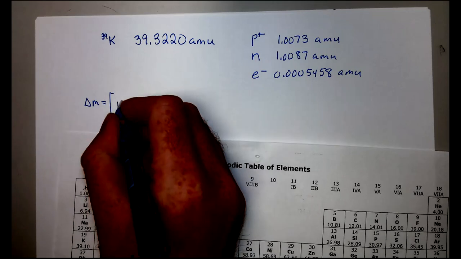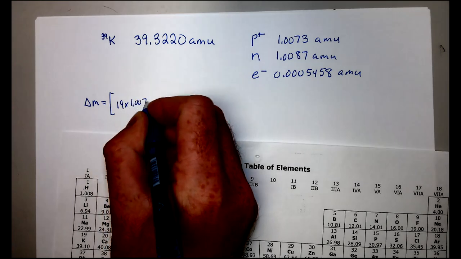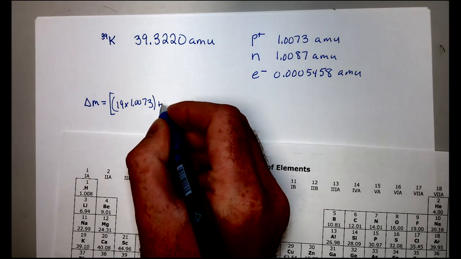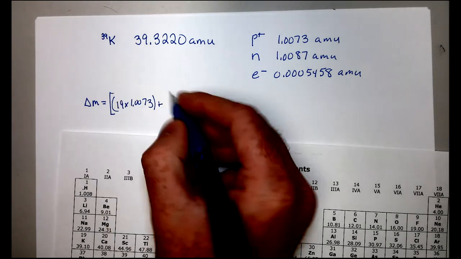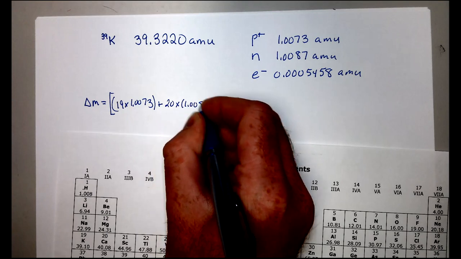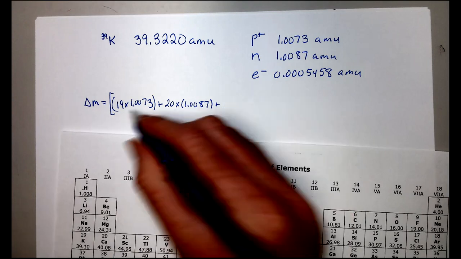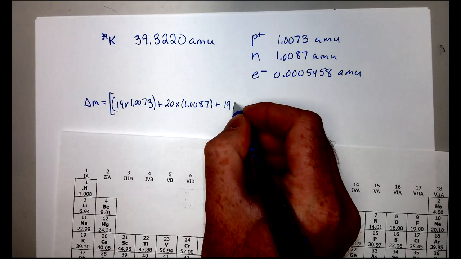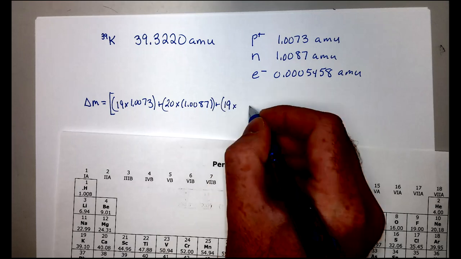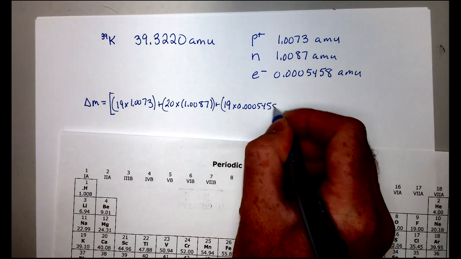So it's going to be 19 times the mass of a proton, 1.0073, plus, then we got 39, so 39 minus 19 is 20, so it's 20 times 1.0087, plus, we're going to go with 19 electrons times the 0.00054558.